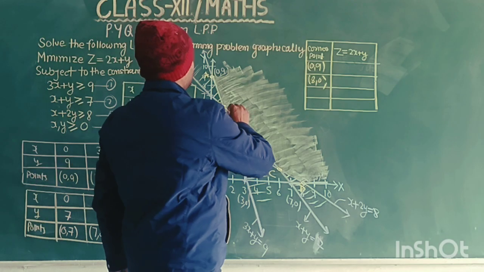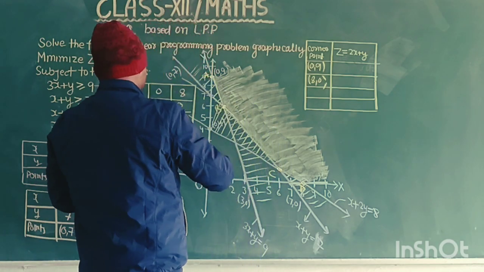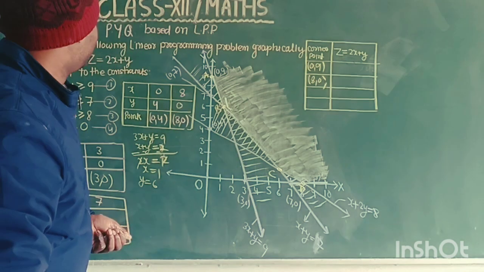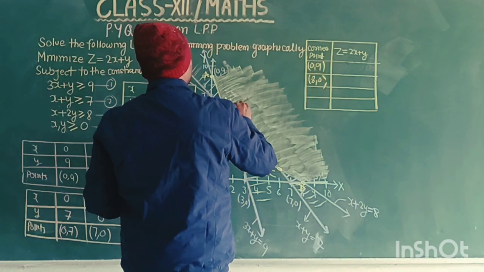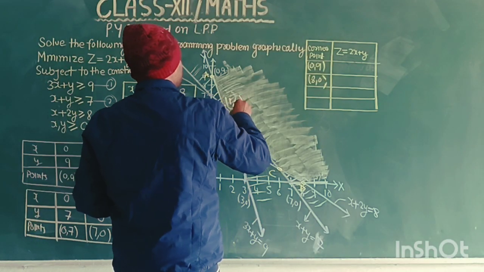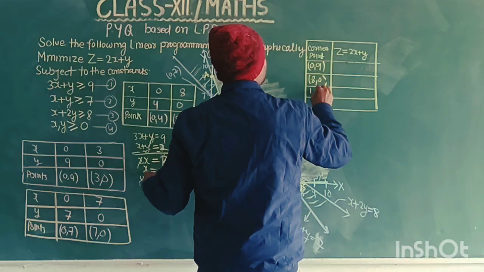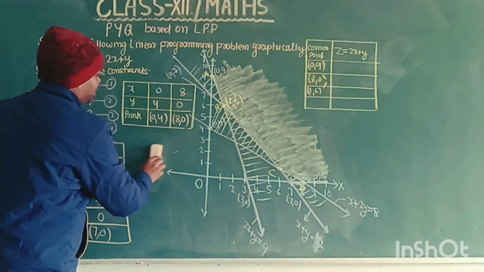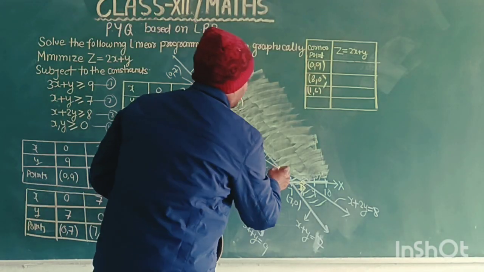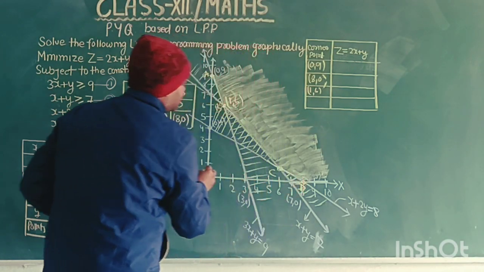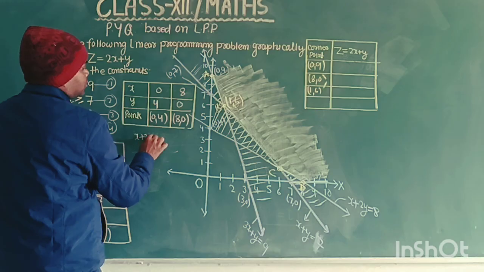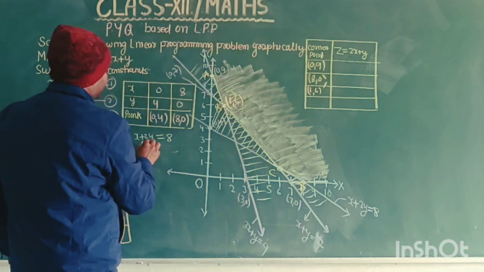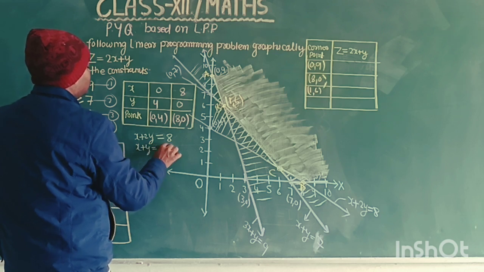Okay, so the point of intersection is 1 comma 6. So write here 1 comma 6, and similarly we will obtain the next intersection point after solving this equation, x plus 2y equal to 8, and this equation, x plus y equal to 7.